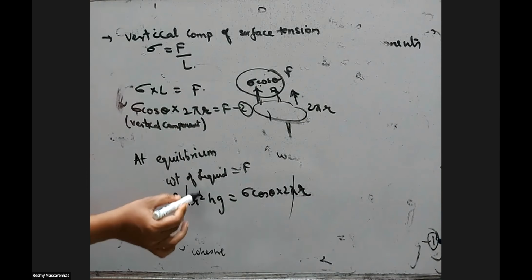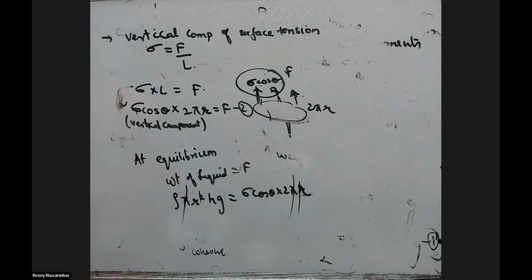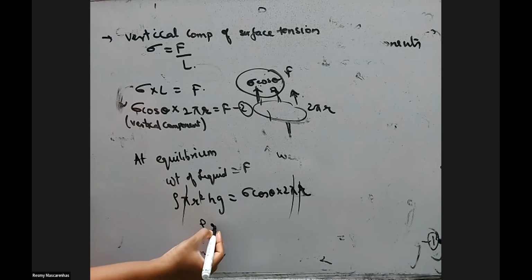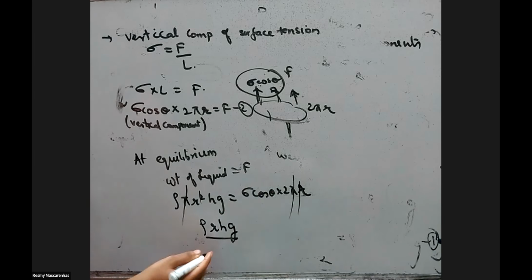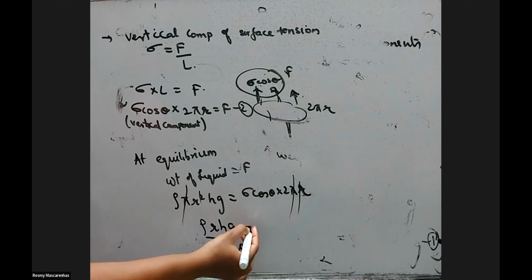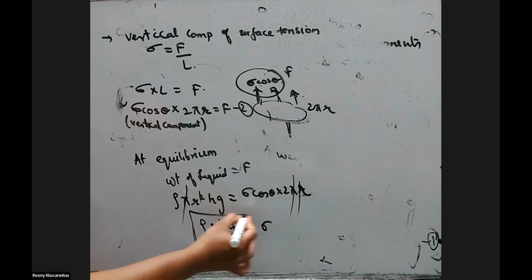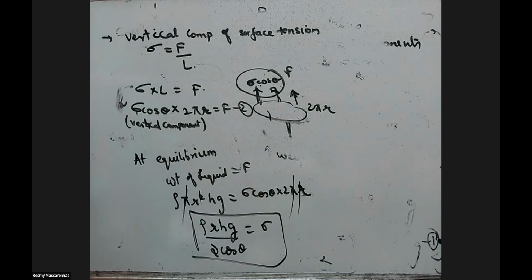One r will cancel. So we are finding the surface tension. It is rho r h g upon 2 cos theta, you bring down. So this is the answer.